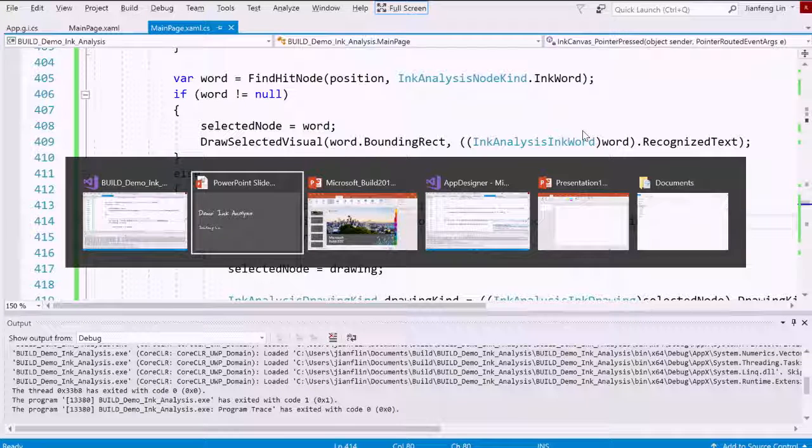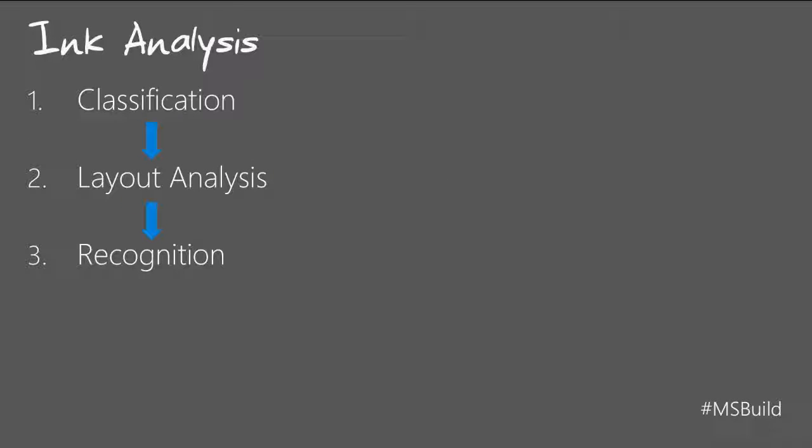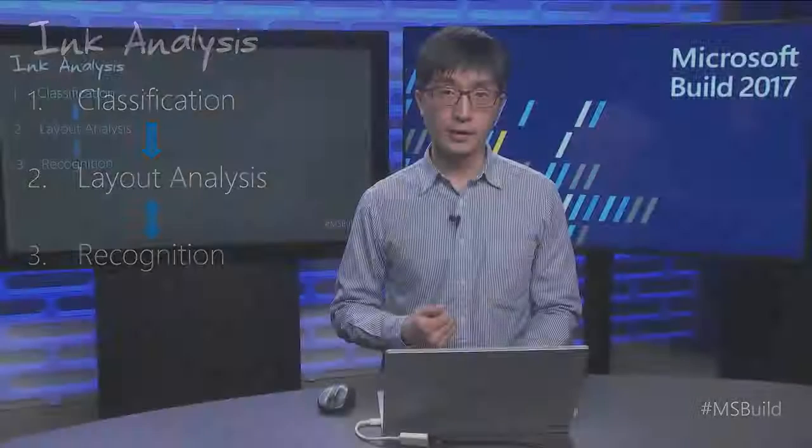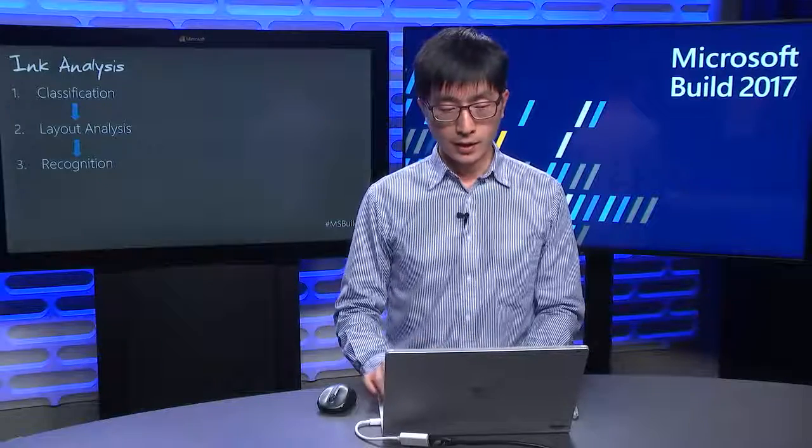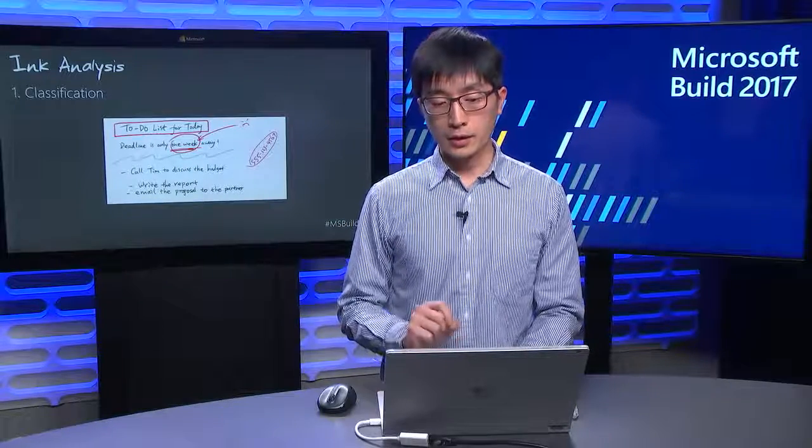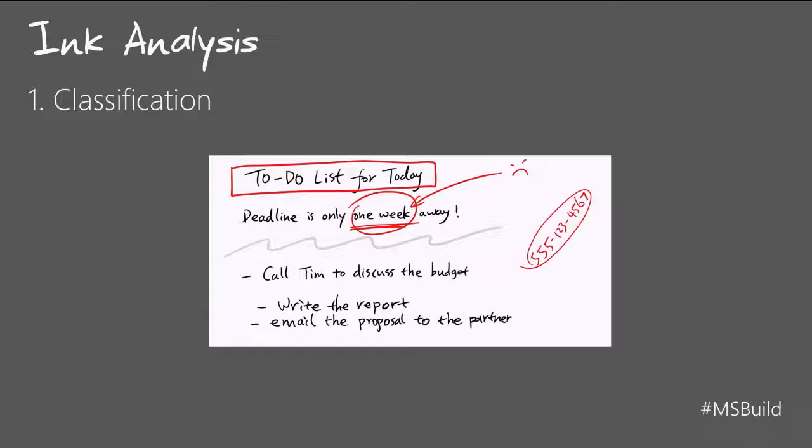Now let's go back to the slide. So how does ink analysis do that? There are 3 steps involved: classification, layout analysis, and recognition. The first step is trying to figure out for each stroke whether it's text or drawing.